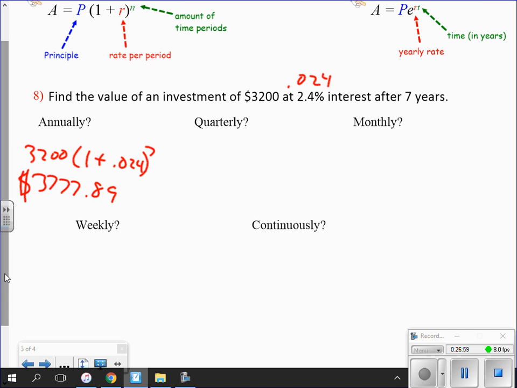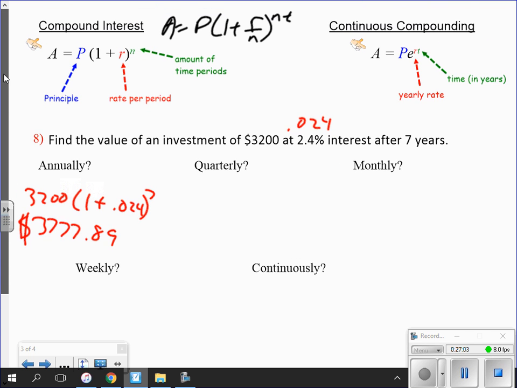Okay. Quarterly. The difference between annually and quarterly is how many times per year. Quarterly N would be what? 4 times a year. 3,200 times (1 plus 0.024 over 4) to the 4 times 7. How many times per year times the number of years?